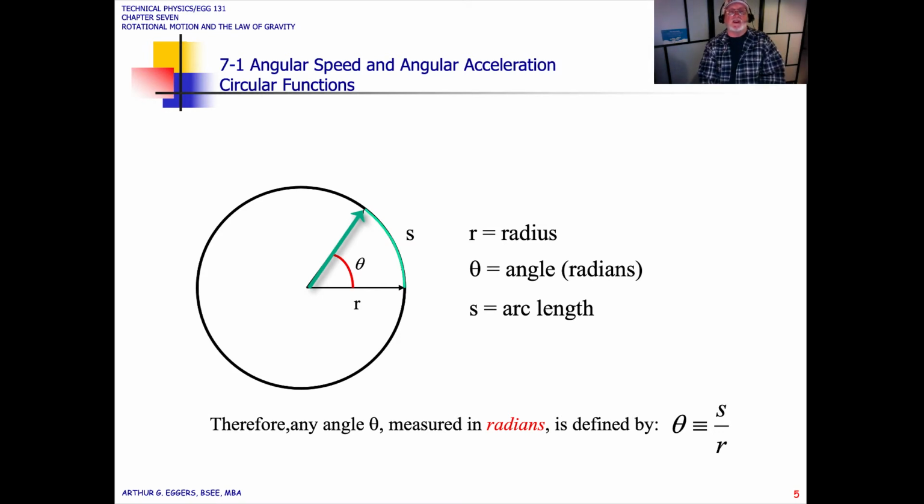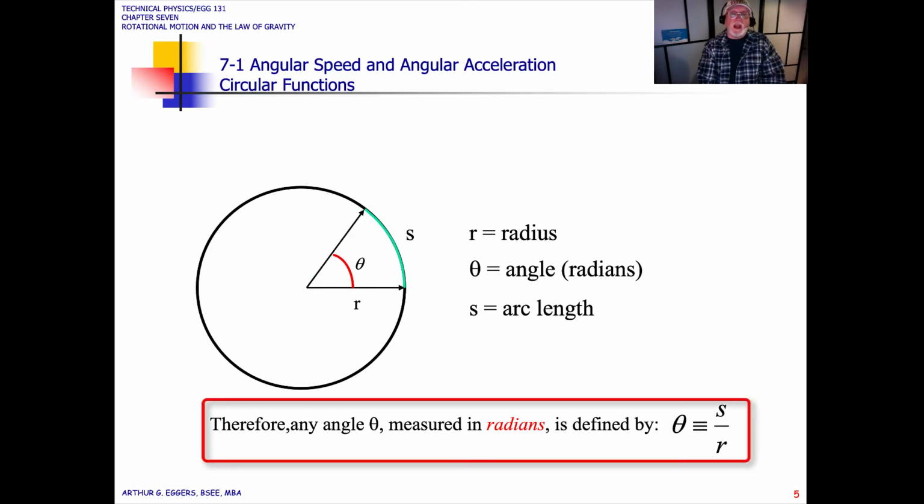Okay, and we're going to see how that applies to some vector relationships as well. So therefore, any angle theta measured in radians has to be defined by the angle. And in this case, we're going to define the angle theta as the arc length S divided by the radius.